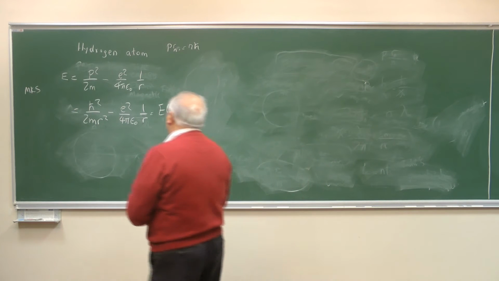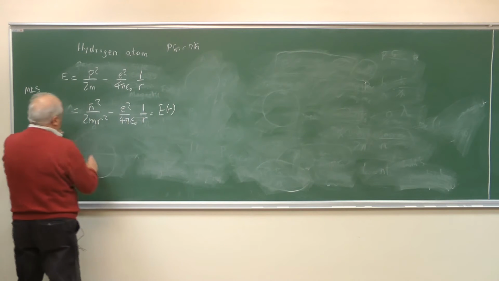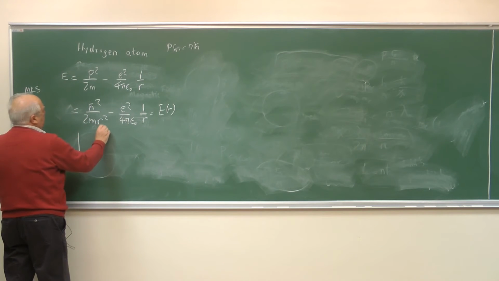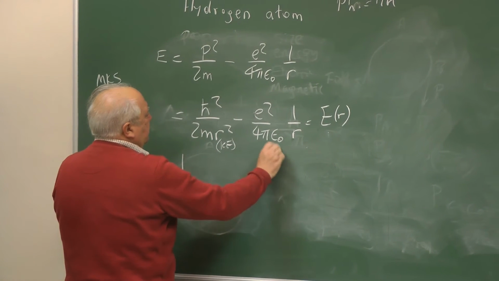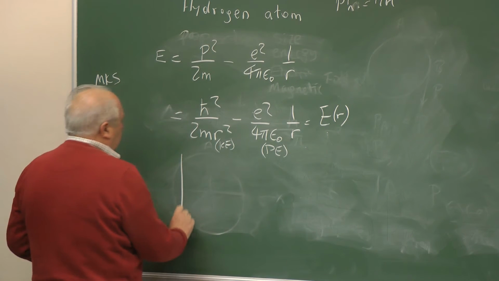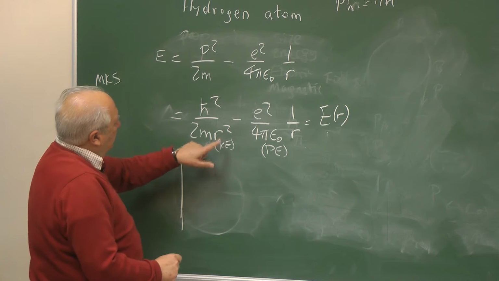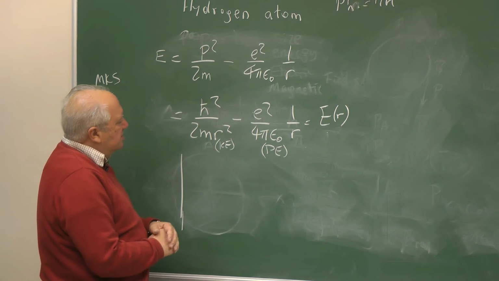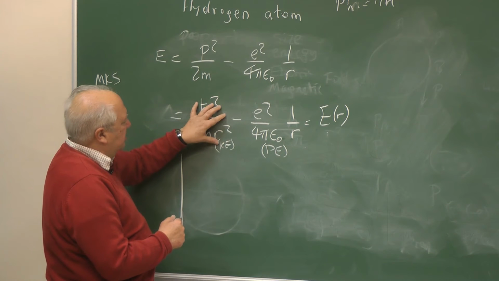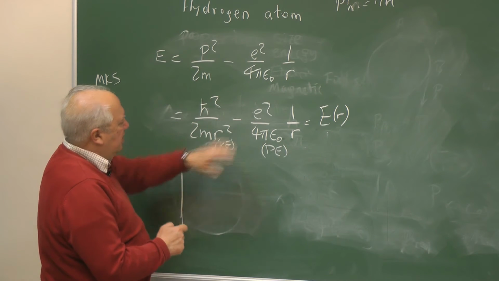Let's look at how these things behave with r. This is the kinetic energy term. This is the potential energy term. Sum of them is the total energy. Now, 1 over r squared at small distances dominates over 1 over r. So at small distances, this is the term that is dominating the energy.